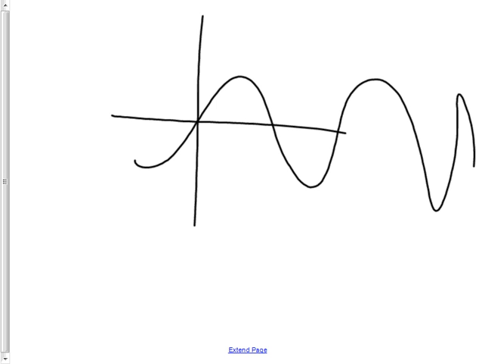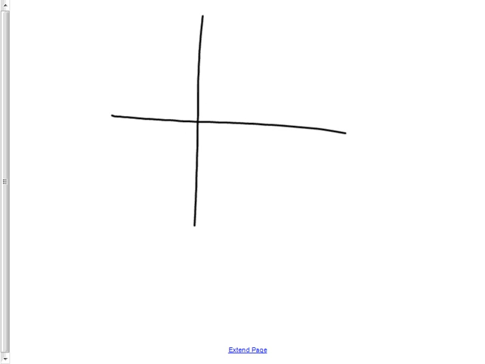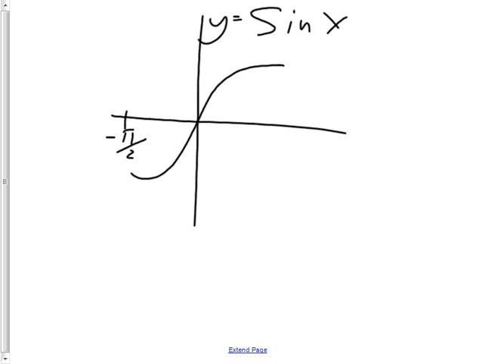So we'd normally say that you can keep going forever, but you have to be smart enough to know that only this part of the graph is used to create inverse sine. So this is the graph of sine, but we only use this part of it. So it goes from negative pi over 2 to pi over 2, and it goes from 1 to negative 1.